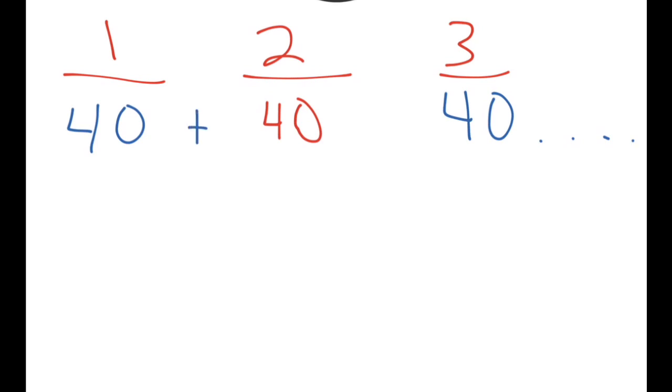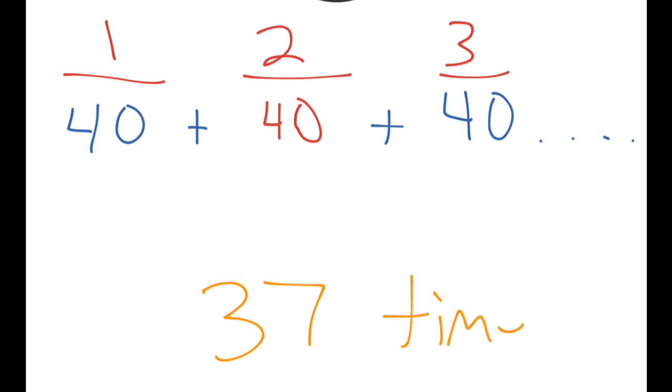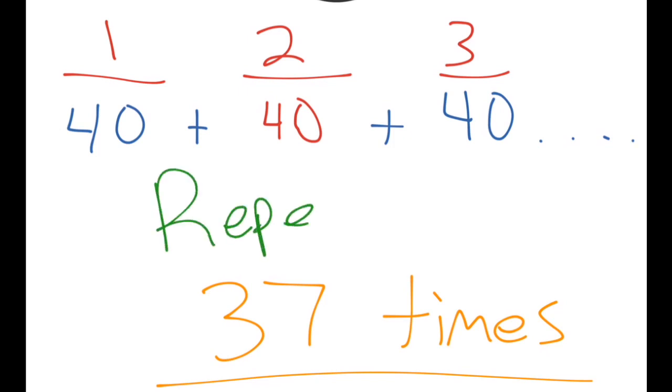We can think of that as the same thing as 40 plus 40 plus 40 plus 40 plus 40, and you can think of that as happening 37 times because that's how many times I went there. And every single time I got those 40 McNuggets. So we often think of multiplication as repeated addition.